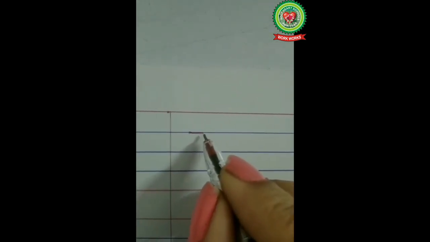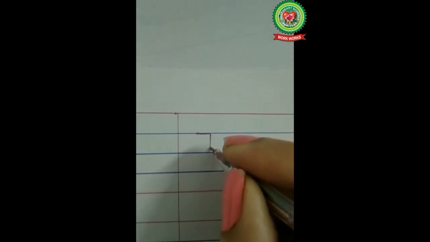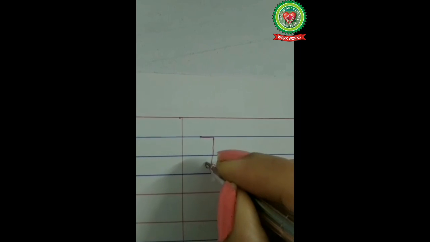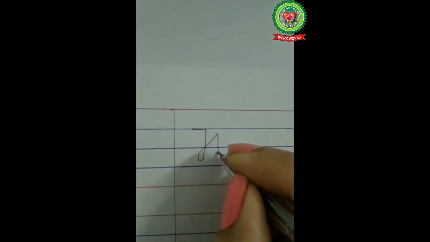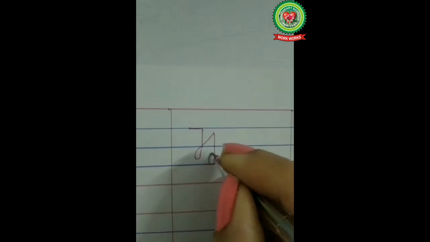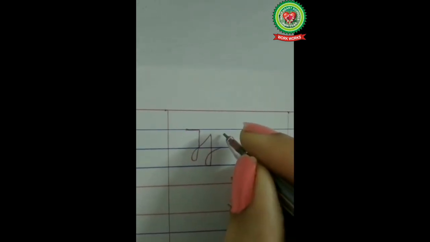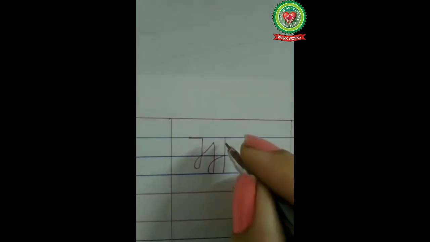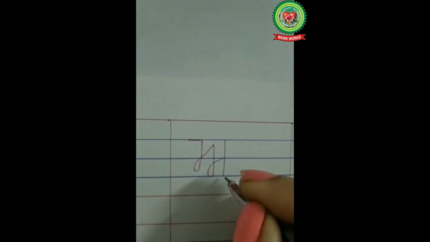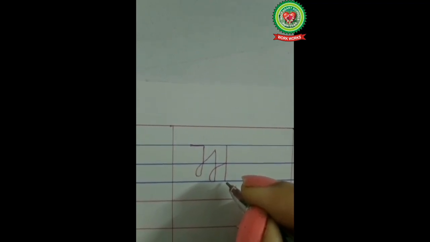Draw a sleeping line, then a standing line, then make a curve, then again a standing line and a curve, and a big standing line that should start from this line and that should stop at the 4th line, and then a small sleeping line.